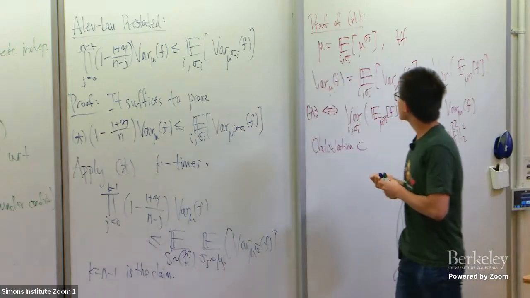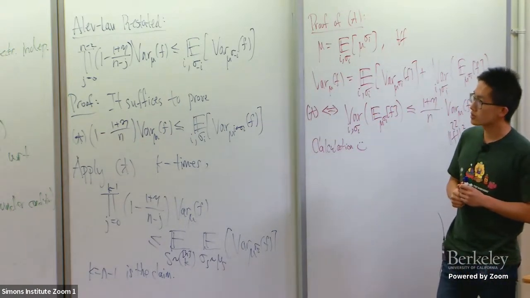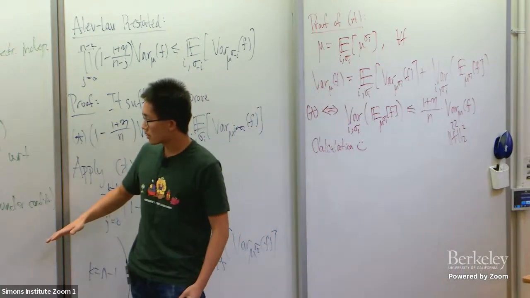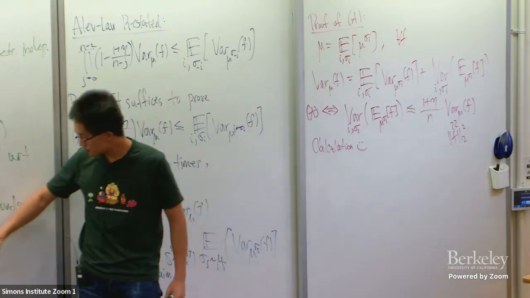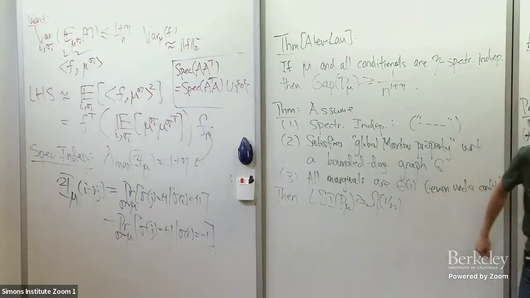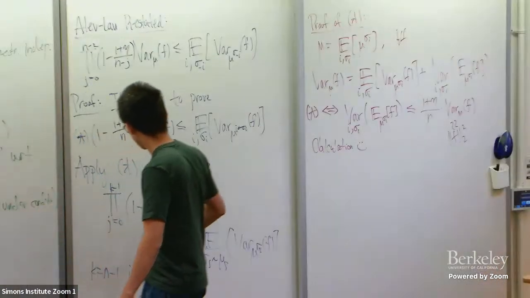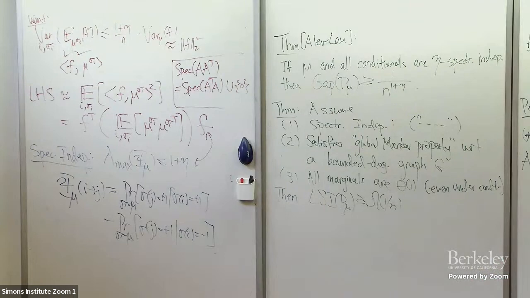Okay, so now I want to give you some idea of how to do this. Here's really the question of how you would think about this, which is where in this analysis was lossy.